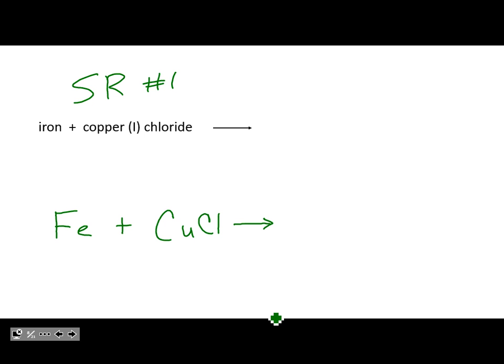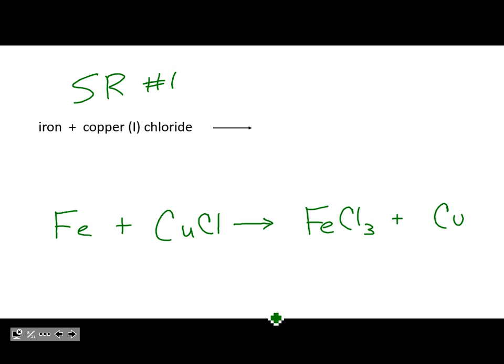So let's just say for giggles, I picked that I want iron 3. So I'm going to put FeCl3, and I'm going to release copper. Now this leaves some balancing to do, folks, because I can see that my chlorines are not balanced.